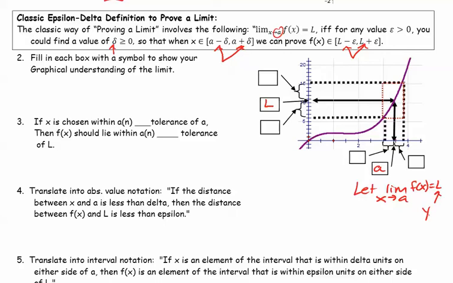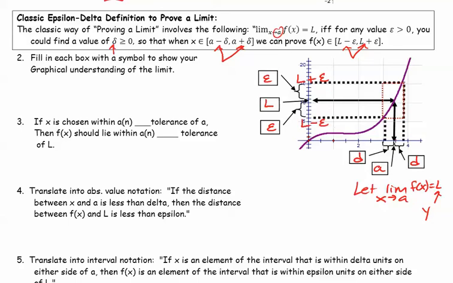If we have a limit, that means we know in class we've talked about the highway approaches that point from both sides. So if we go delta units on either side of that x-coordinate, we will stay within epsilon units of the y-coordinate. So in other words, this horizontal line would be L plus epsilon, and this horizontal line would be L minus epsilon.